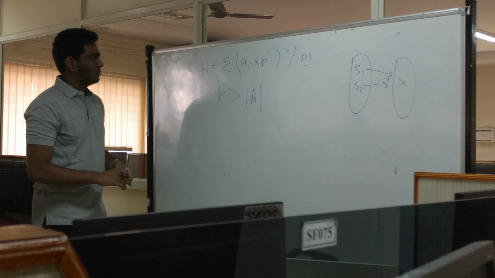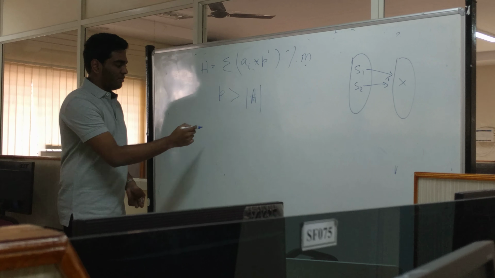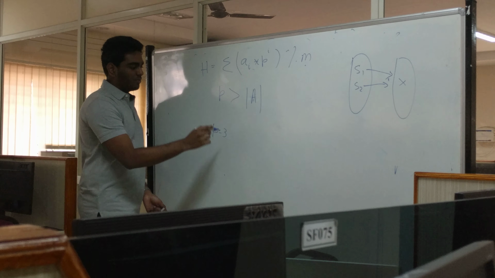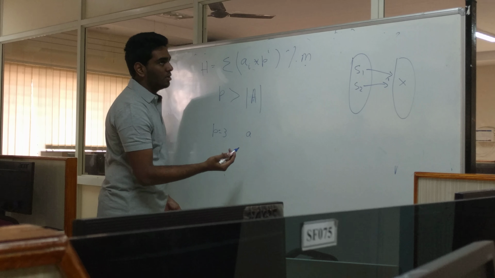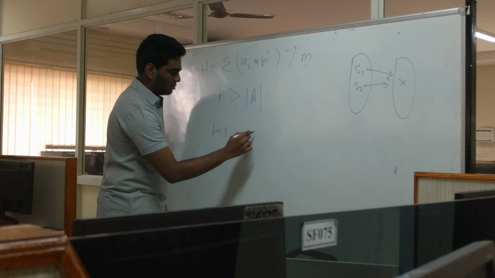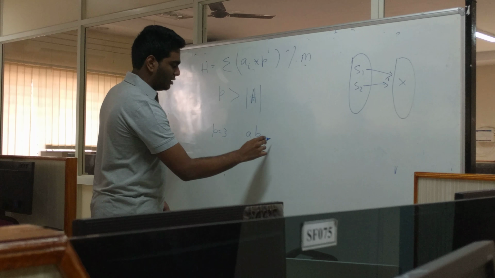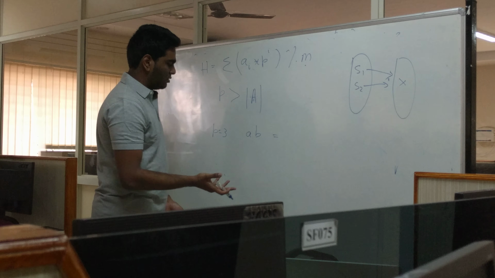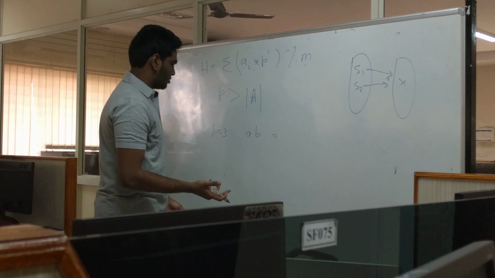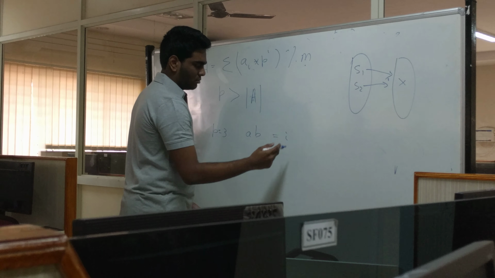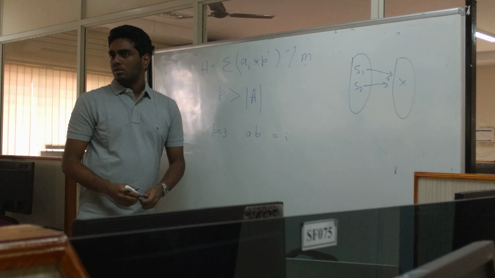Let's say if I keep p as 3, okay, then by this formula, A, B, yeah. AB will be, AB is what? 3 into 6 plus something like that.